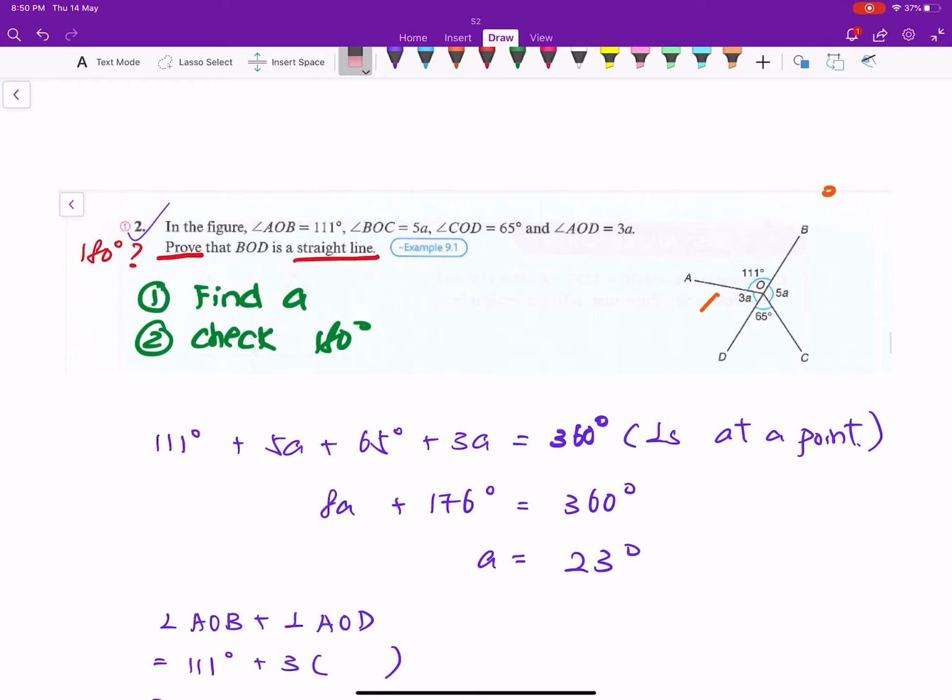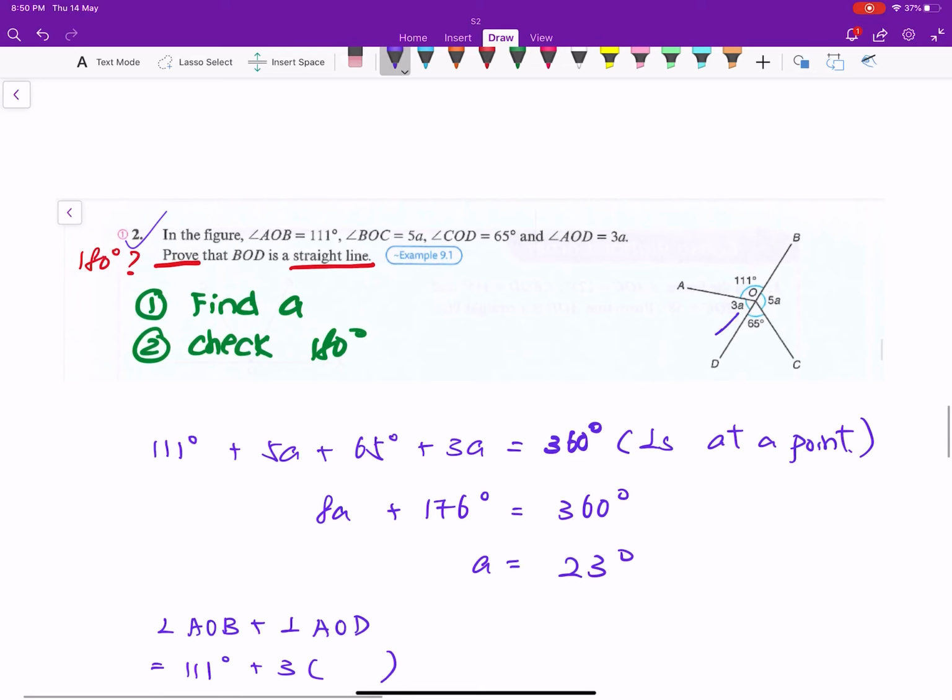Okay, so A equals 23 degrees, and we are going to check if the sum of these two angles equals 180.